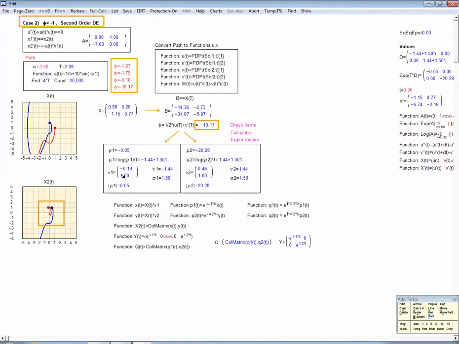We know that immediately from looking at the eigenvalues of B. If that eigenvalue has a magnitude greater than 1, then that solution is going to run off to infinity. And if it has an eigenvalue less than 1, then it's going to converge to 0. So that's the red solution, is converging to 0.